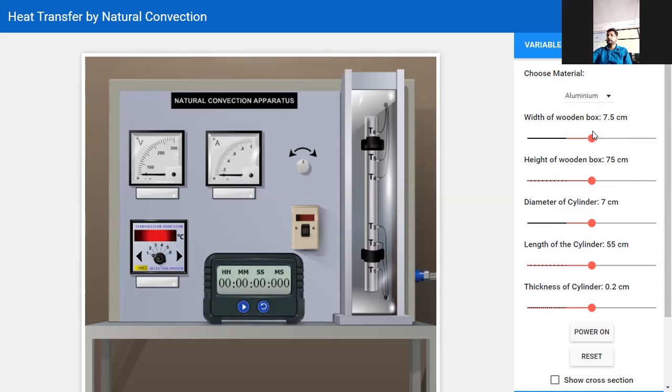Then the width of the wooden box. Now you can see here, as you vary this width, the changes will happen accordingly. Let us say now I have increased it, so now the changes are happening over here. You can concentrate over here. I have changed this, yes, it is changing. Can you see that?